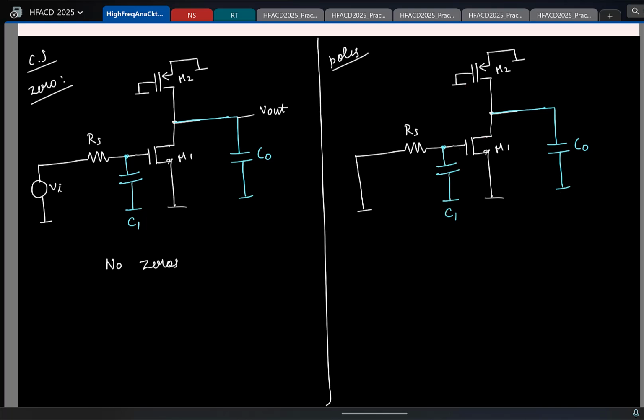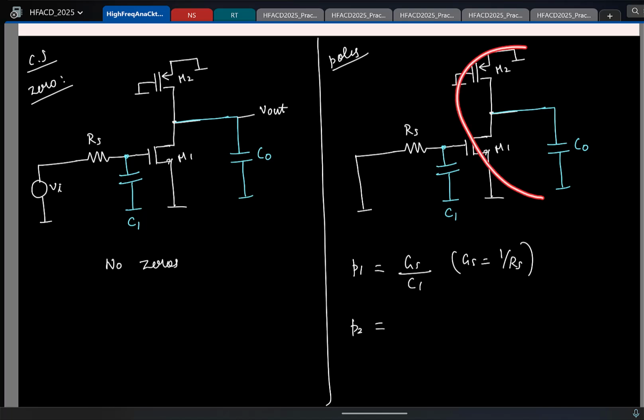So which means you can treat them as isolated independent RC sections. So once again, you can write the pole locations exactly. What is the pole due to this RC section? 1 by Rs times C1. I will write it as Gs by C1, where Gs is 1 by Rs. It's conductance by capacitance, same thing. And what about the second pole?